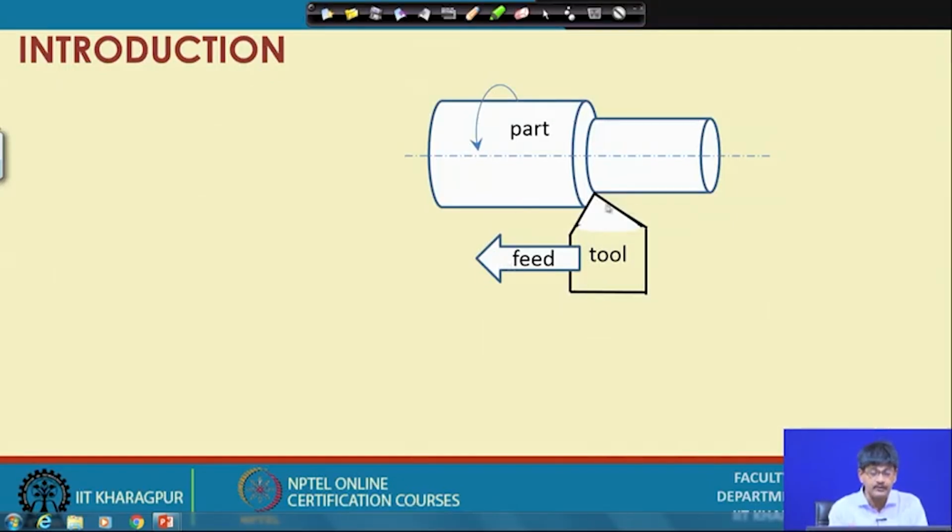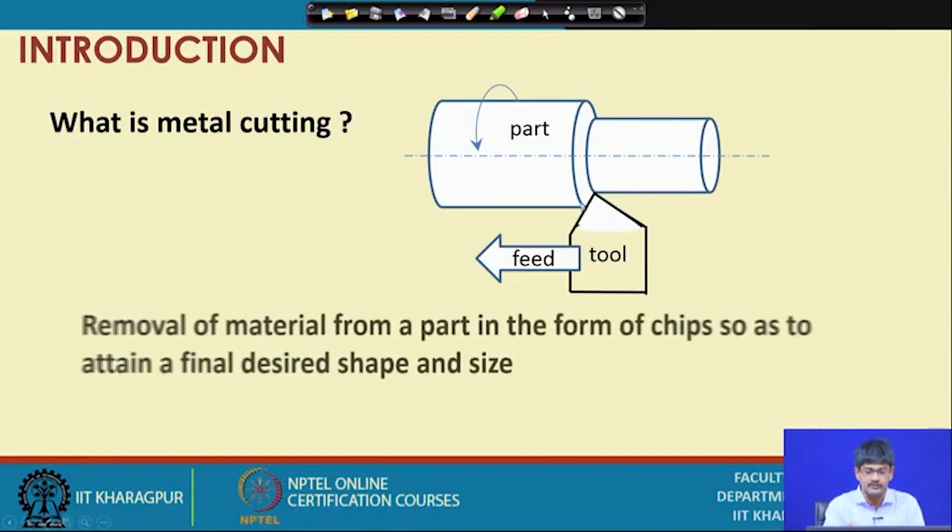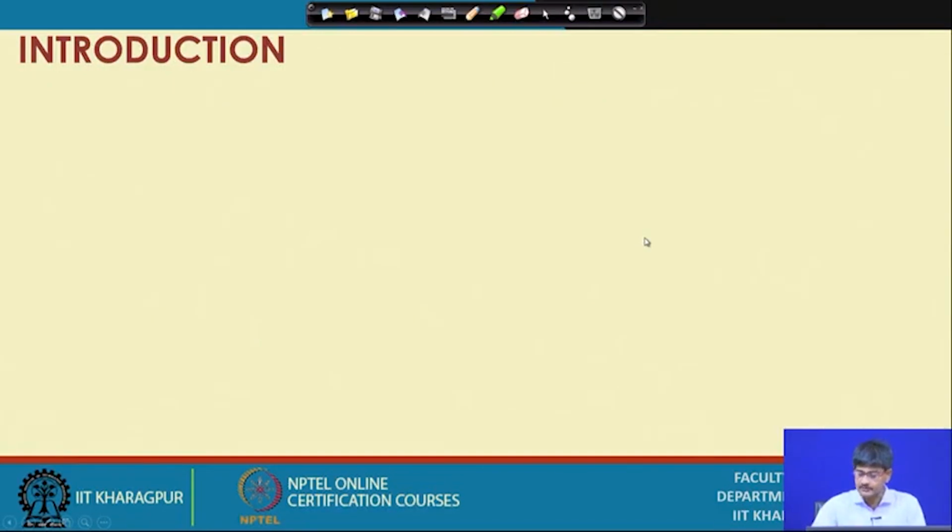thus removing material. We will look at several other figures in which the removal of material is shown in more detail. What happens is, when this part is coming here, it gets into the path of the moving tool and this material comes out in the form of a chip. A ribbon of material is removed here.